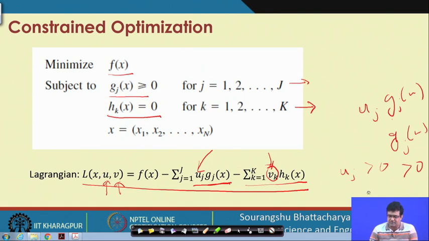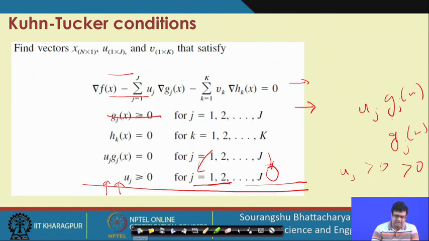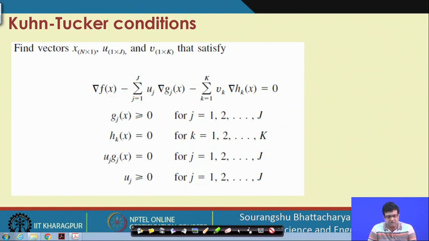This idea is formalized in what is called the KKT conditions or Kuhn-Tucker conditions, and the conditions are given here. Basically, this condition is called the first order condition, which says that the derivative of the Lagrangian with respect to x should be 0.